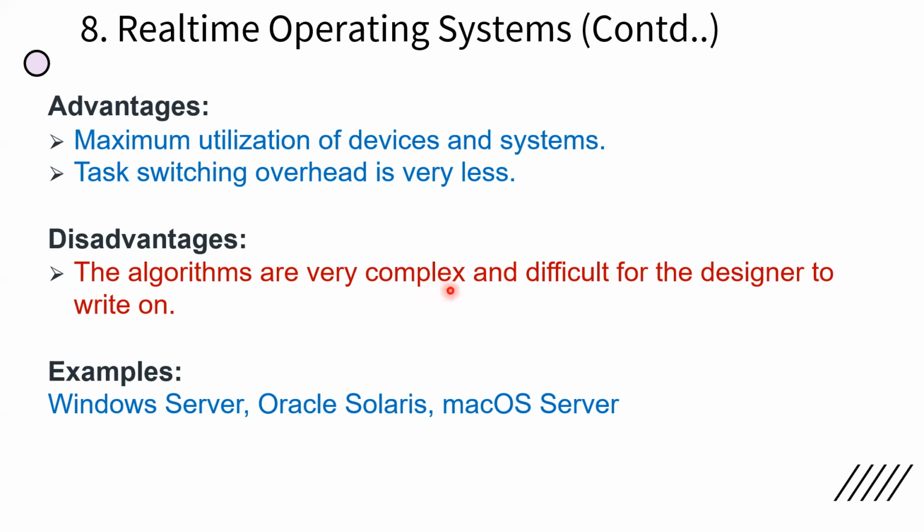So the algorithms that have to be used along with the real-time operating systems are relatively complex. And examples of real-time operating systems include Windows Server, Oracle Solaris, and Mac OS Server. So they also can be used for real-time applications.